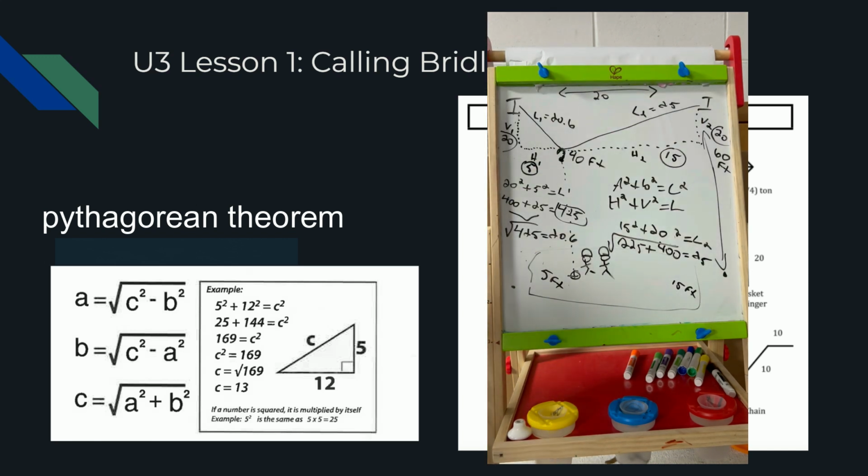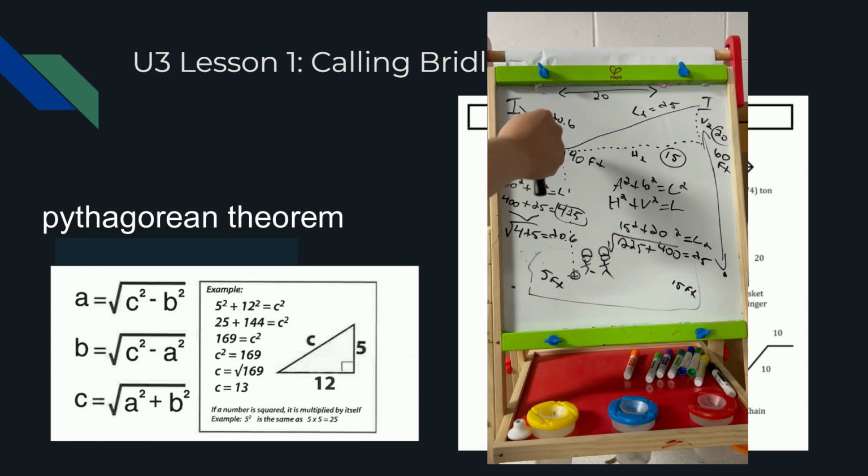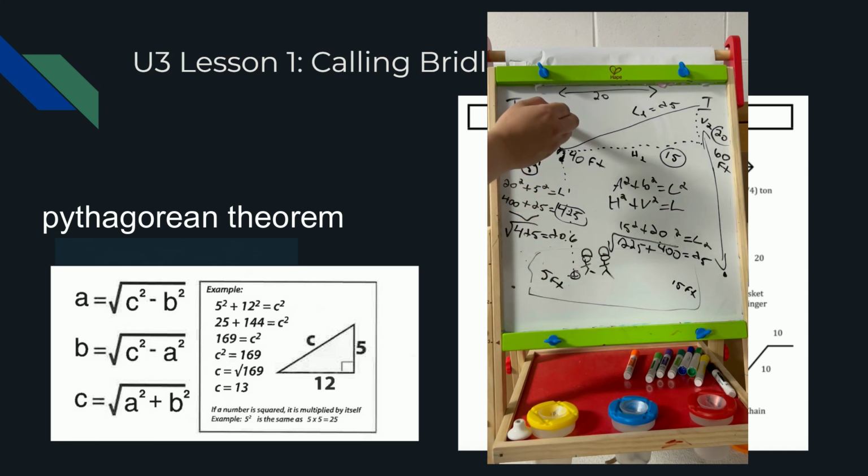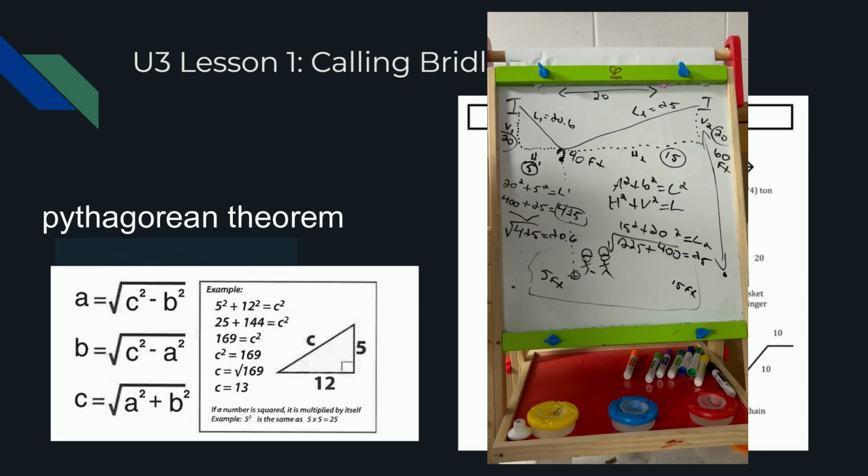A little bit confusing first looking at it, but now we have all of our sides. Like I said before, the dotted lines are just to calculate what the leg is going to be. These dotted lines are not going to exist when you create the bridle, because you're looking for the leg. So on this side it's going to be 20.6, and on this side it's going to be 25.